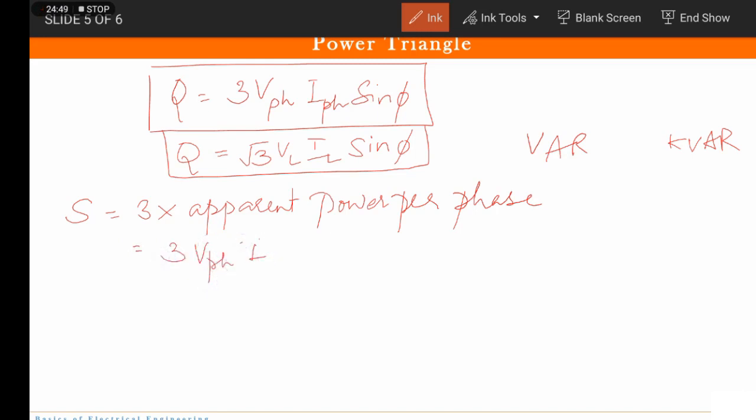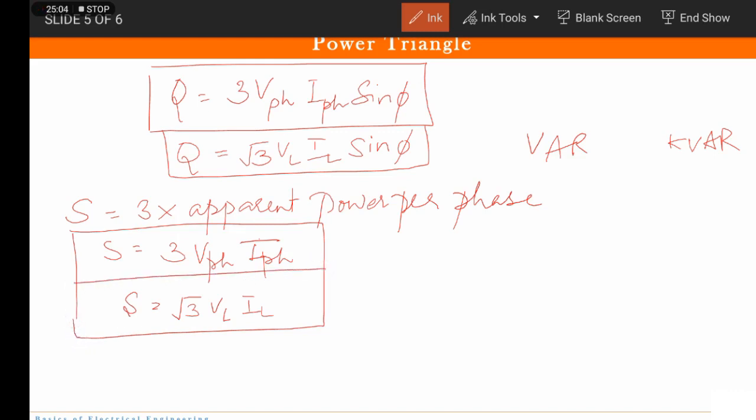VPH, IPH. Right? Or it is root 3 VL IL. So these are the two equations of the total power in terms of the phase voltage, phase current, and line voltage, line current.